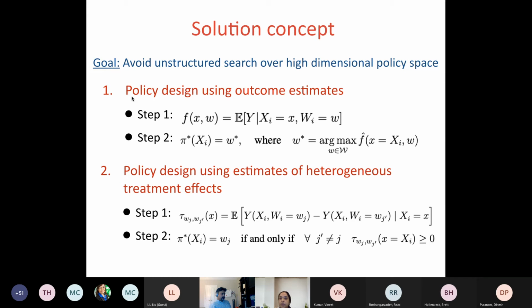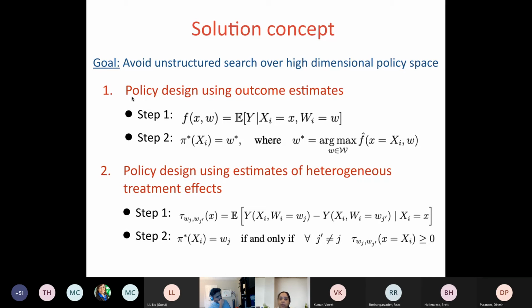Second is that you'll simply not have enough data in each region of this policy space to make any meaningful inference in a finite sample setting. So what we usually do is put some kind of structure on how outcomes or treatment effects are affected by treatment variables and the treatments, and then use that to design policy.